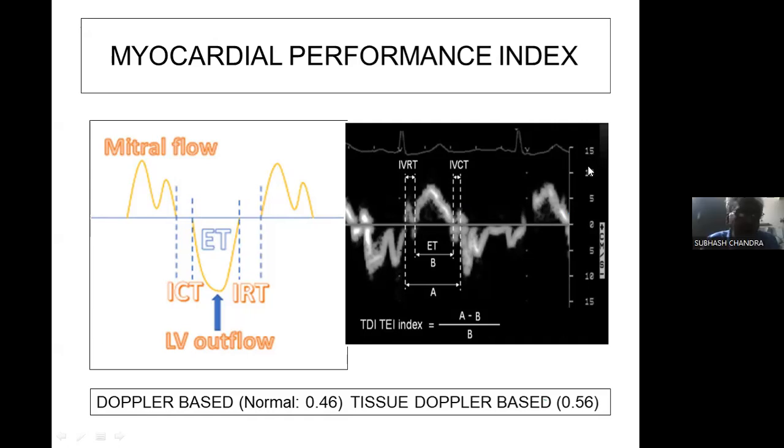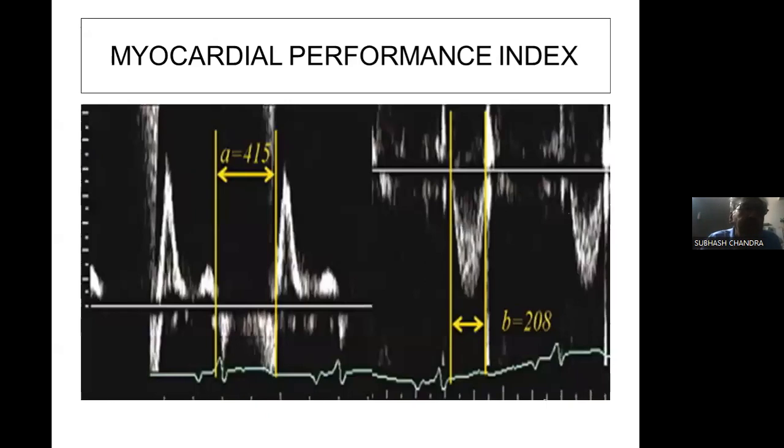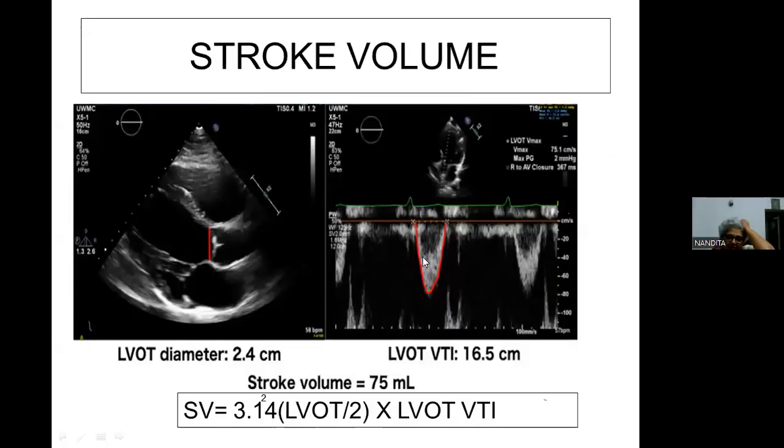Go ahead and ask your question, Dr. Subhash. Can you elaborate a bit about stroke volume? Here is the slide. This is the easiest measurement of stroke volume and probably the most reproducible. What we need to know is the amount of blood passing in one cardiac cycle through a particular point of the heart, and for that we have chosen the LV outflow tract.